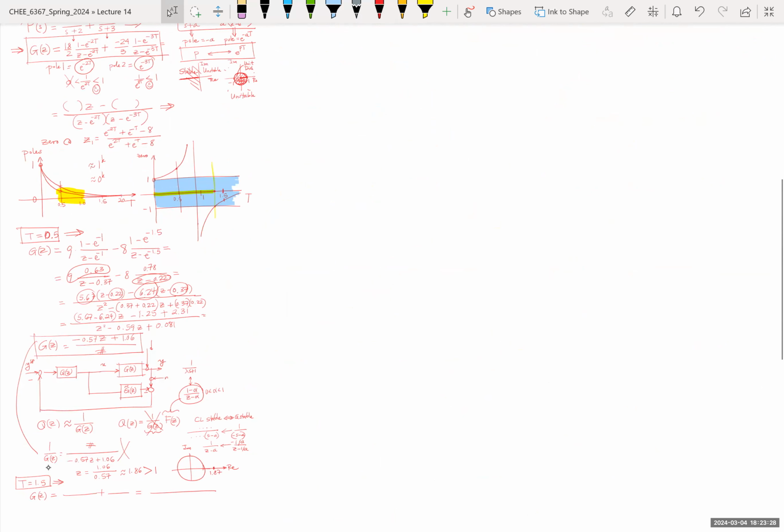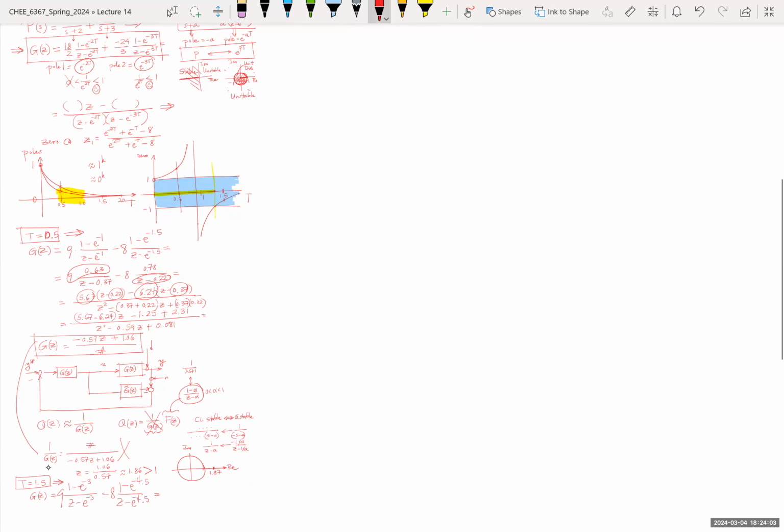So it's going to be 18 over 2, 9, 1 minus e to the minus 3, over z minus e to the minus 3, plus minus 8, 1 minus e to the minus 4.5, over z minus e to the minus 4.5.